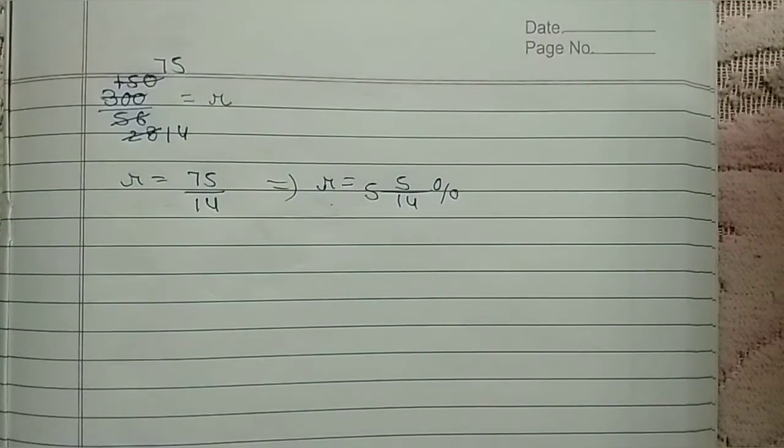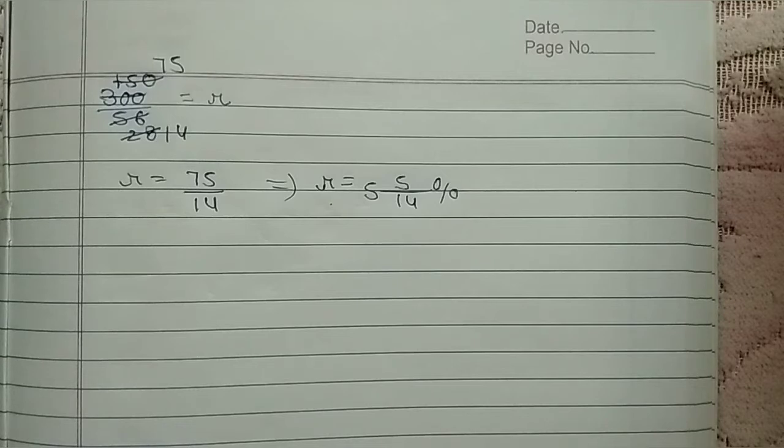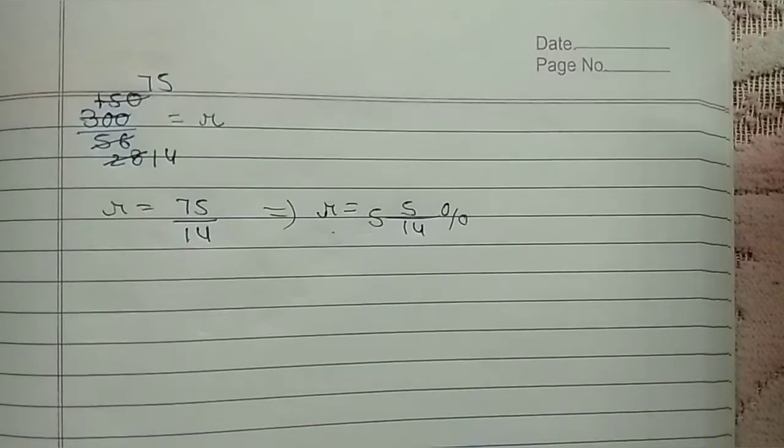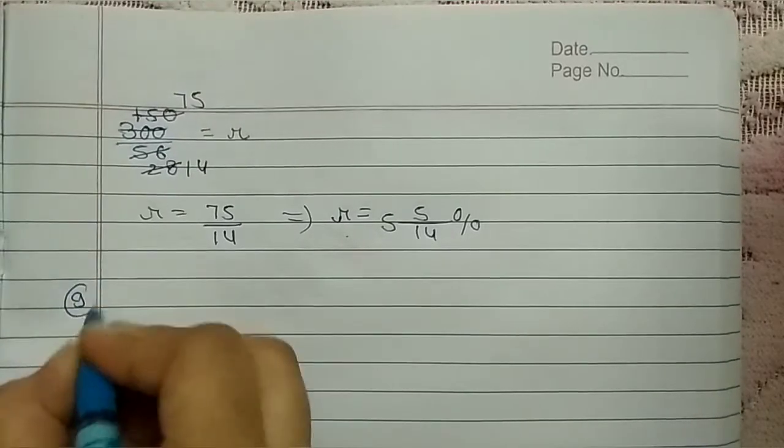Now we will solve question number 9. Rupees 8,000 became rupees 9,261 in a certain interval of time at the rate of 5% per annum CI. Find the time. In this question we have to find time. So let's solve question number 9.